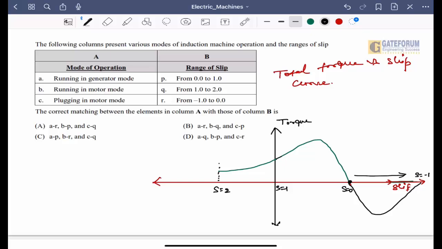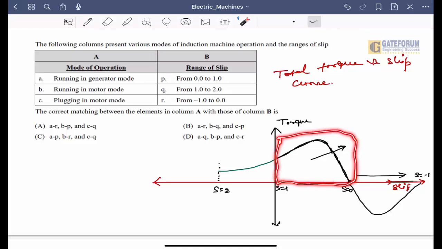This T-S curve, we are familiar with this torque slip curve. This is our general motoring mode T-S curve.